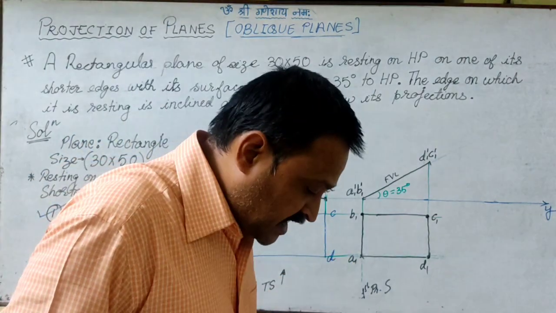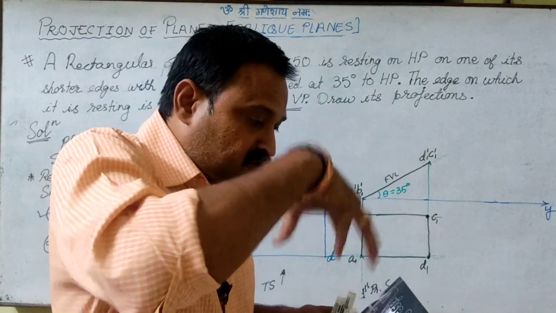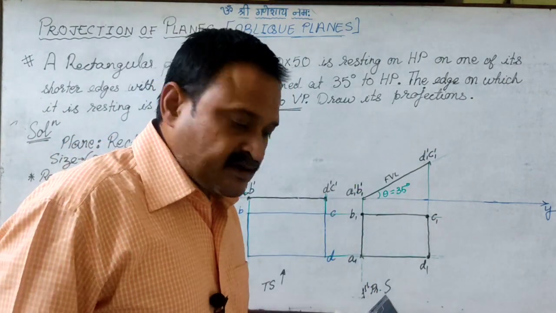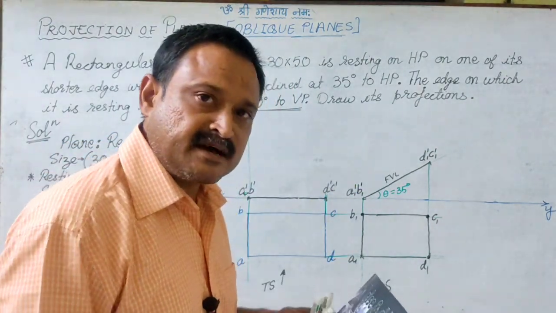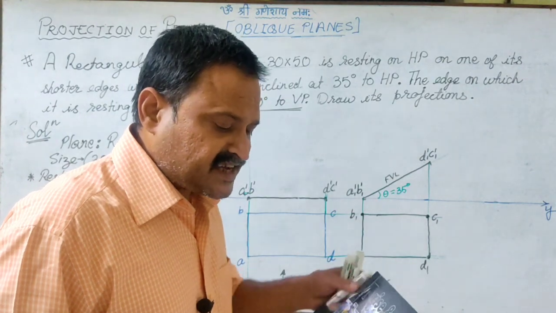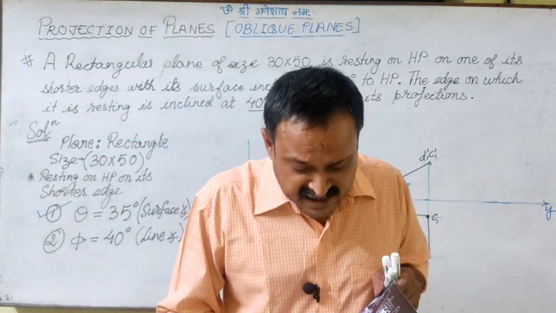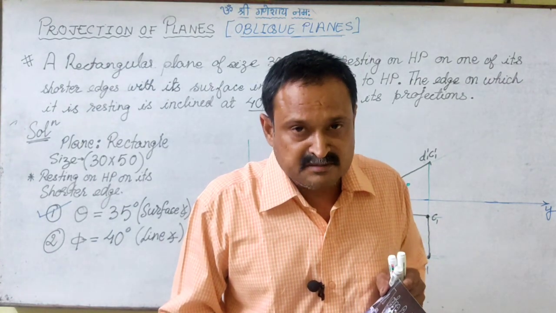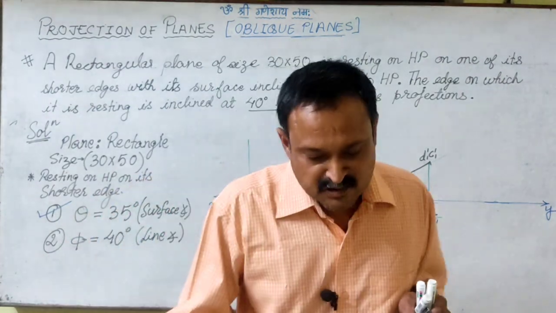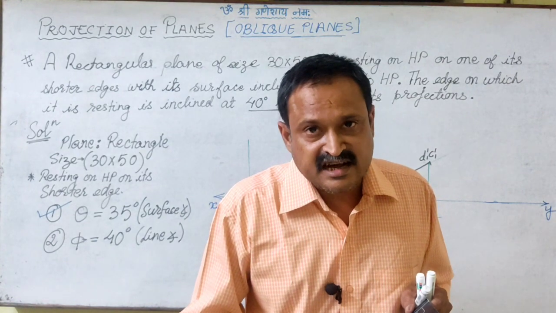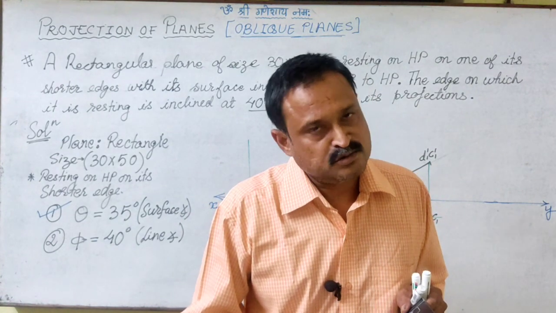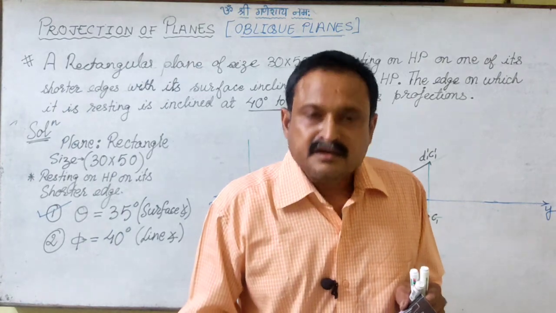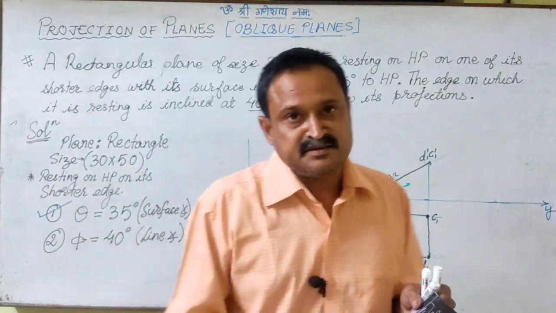Now when I am looking at it from the top, I am able to see this shape. Fine, inclination is theta. Now if I change my orientation and look at it, I am not changing its relation with HP. I am changing only from where I am looking at it. Does the shape and size change? No, right? But only the orientation must have changed.